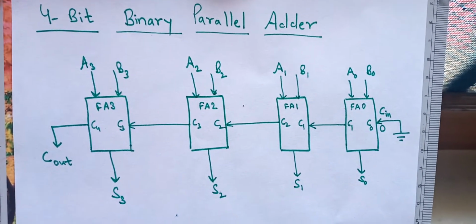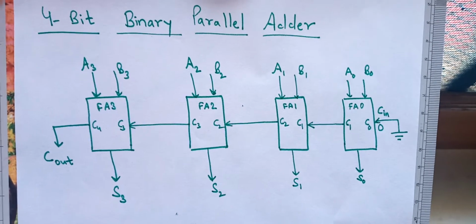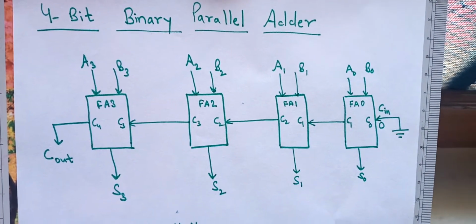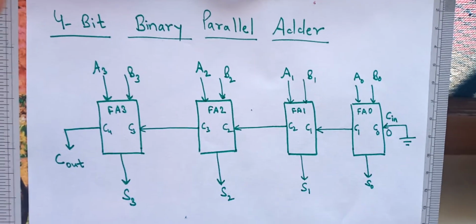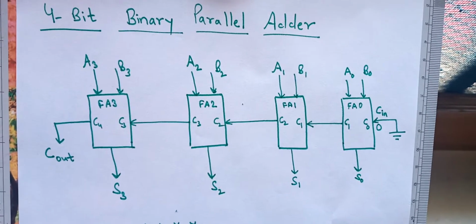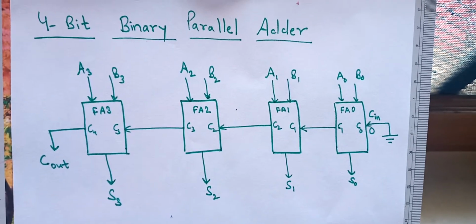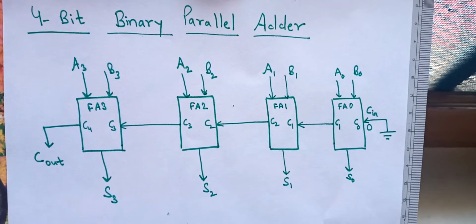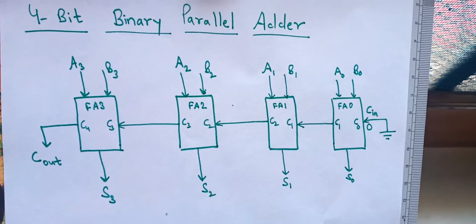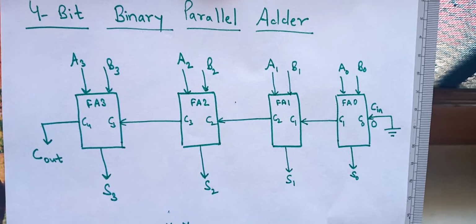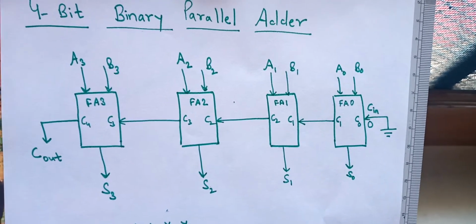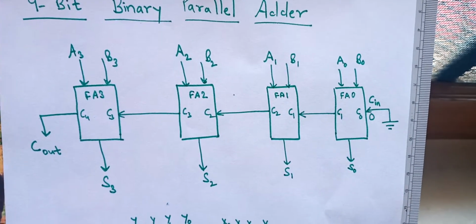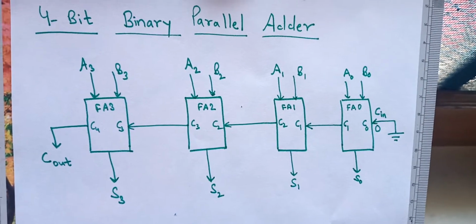Since Cout, S3, S2, S1, S0 are each either 0 or 1, Cout may be 0 or 1. When Cout is 0, we say there is no final carry output, and when Cout is 1, we say that an output carry is generated. So this is very much possible. If we add two 4-bit numbers, we can get an output carry.